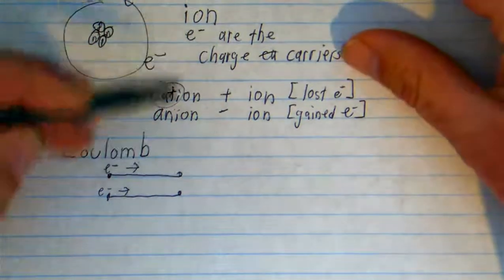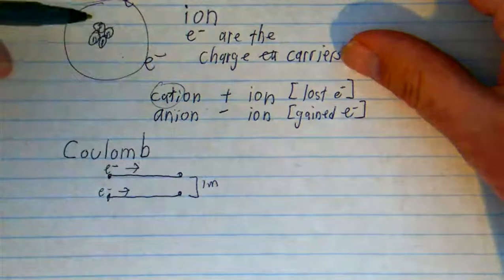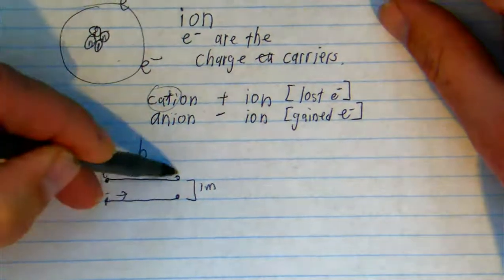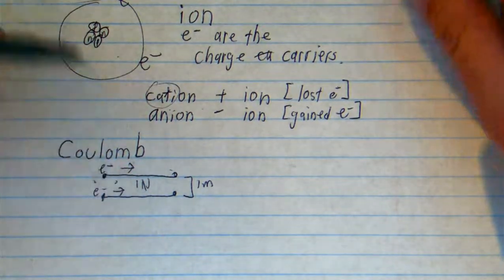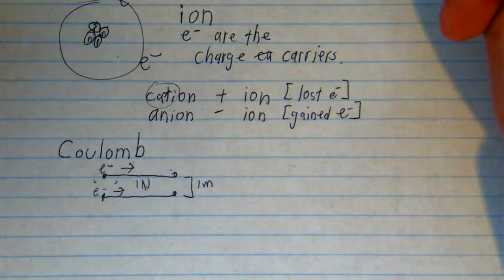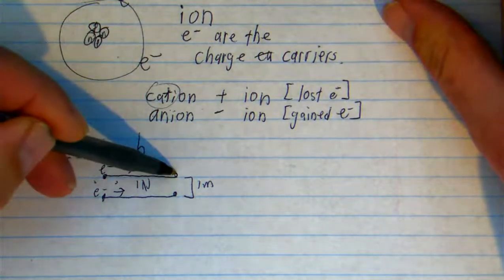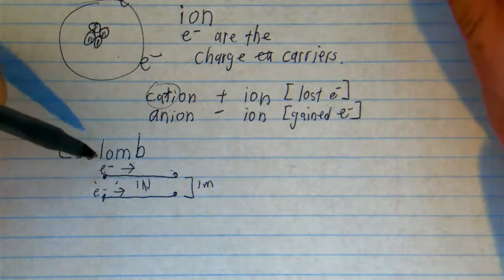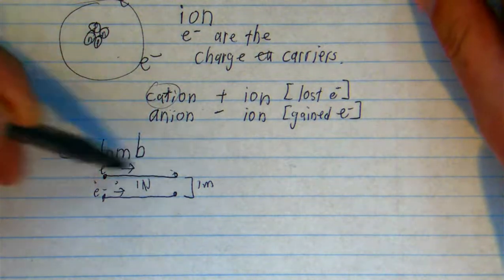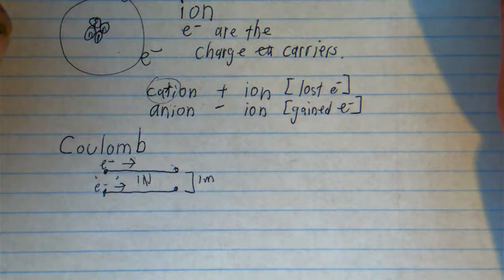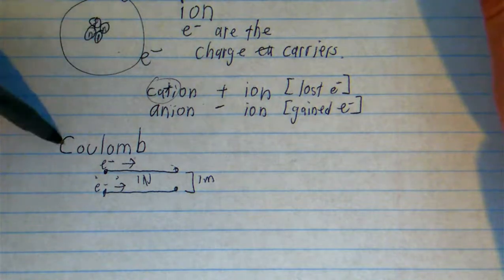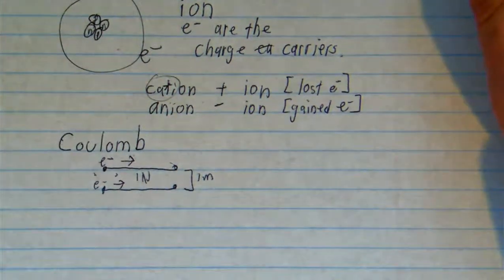When they were exactly 1 meter apart and maybe 1 meter in length, when they had 1 Newton of magnetic force between them, he measured how many electrons went by in 1 second of time, and from that established how much 1 ampere of current is, and from that worked out what is 1 coulomb of charge. Wow.